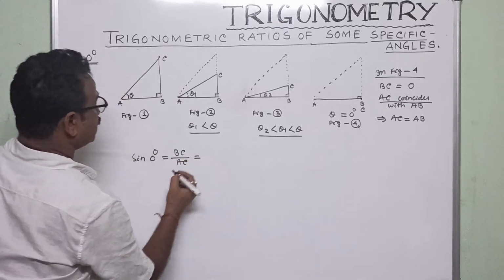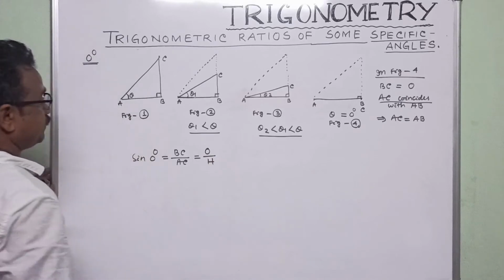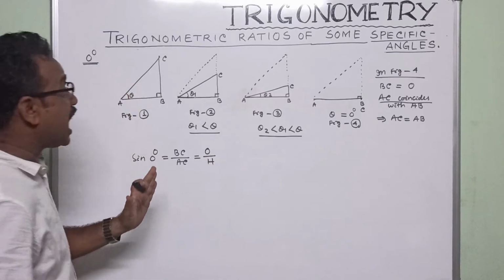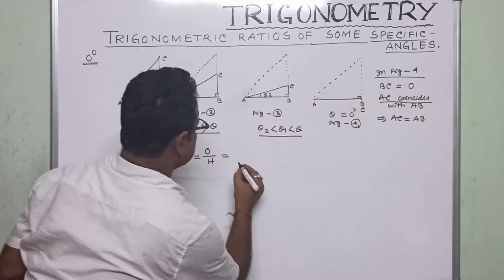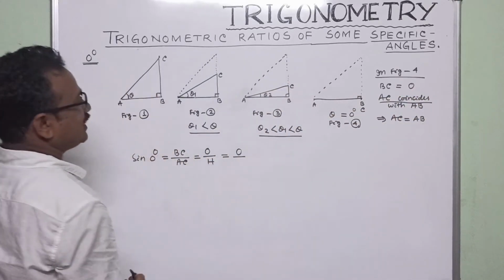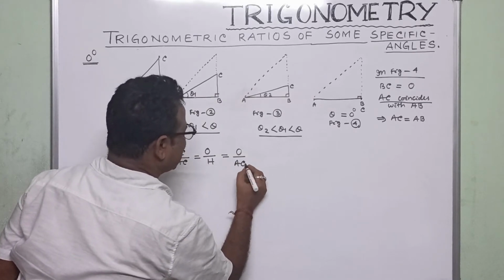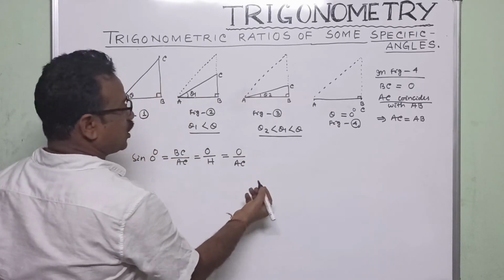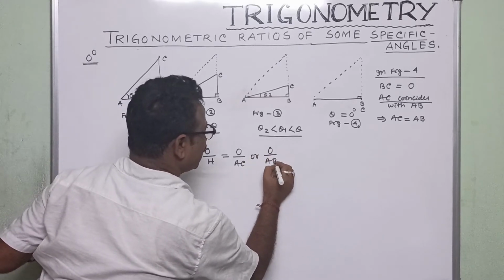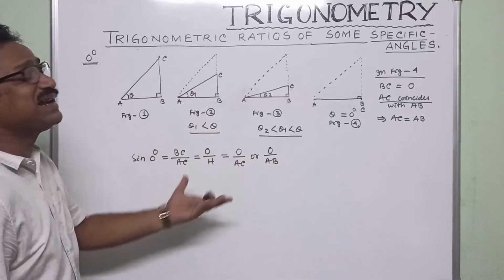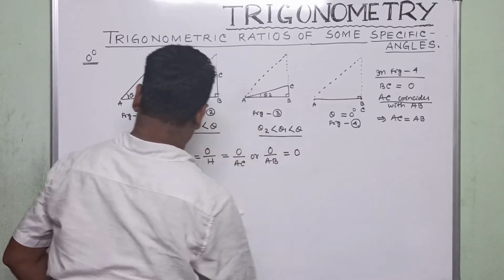So you know that is equal to O by H, opposite by hypotenuse. Here BC becomes 0. So 0 by AC, or we can write AB also, 0 by AB. No matter, because 0 by anything is 0. So that is equal to 0.